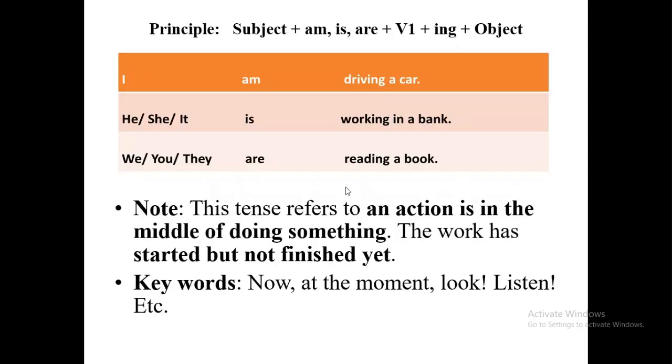So the principle of the present continuous tense, that is the formula of present continuous tense. Generally a sentence contains subject plus am, is, are. These are helping verbs. Plus V1, that is the basic verb, verb 1 plus ing form, plus object.